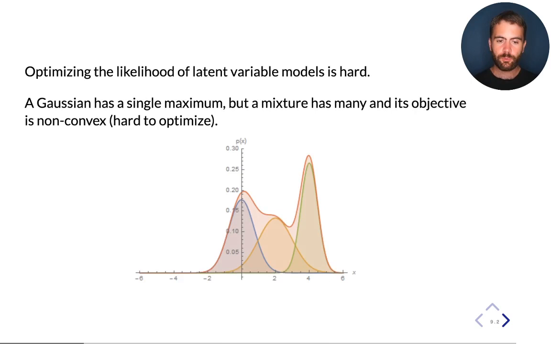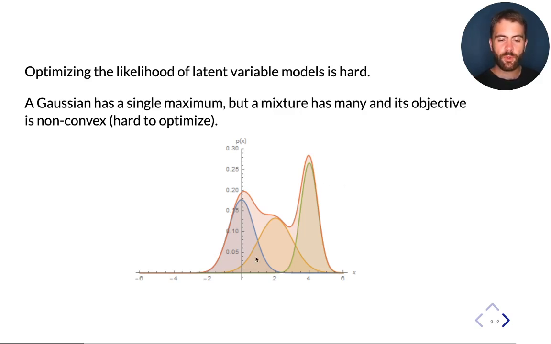I also want to point out that this optimization procedure is not only hard because it is sometimes difficult to compute this objective function, but also because the structure of this objective is more difficult. In fact, this marginal log likelihood objective will be non-convex, which means that it will have multiple optima, and some of them will be better than others.